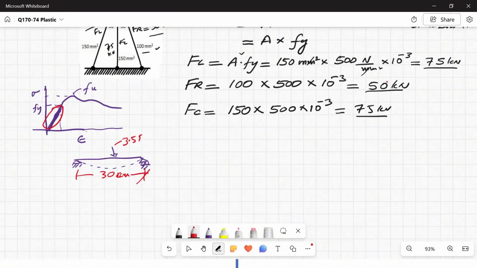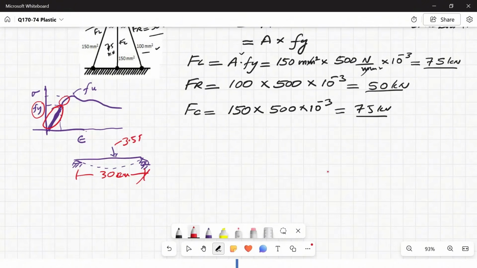The reason is that the analysis is elastic, so it will remain elastic. On the other hand, in plastic analysis, we consider that the load goes beyond Fy and then again reaches Fu.